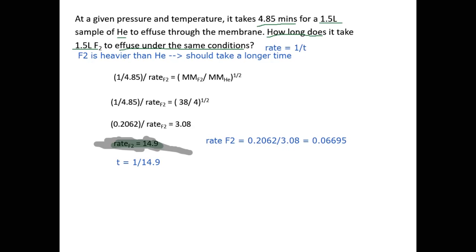Now remember that time is equal to the inverse of the rate. So the time, or T, for F2 would be 1 divided by 0.06695, which would be 14.9 seconds. So actually, this is not the rate of F2. It's actually the time for F2.